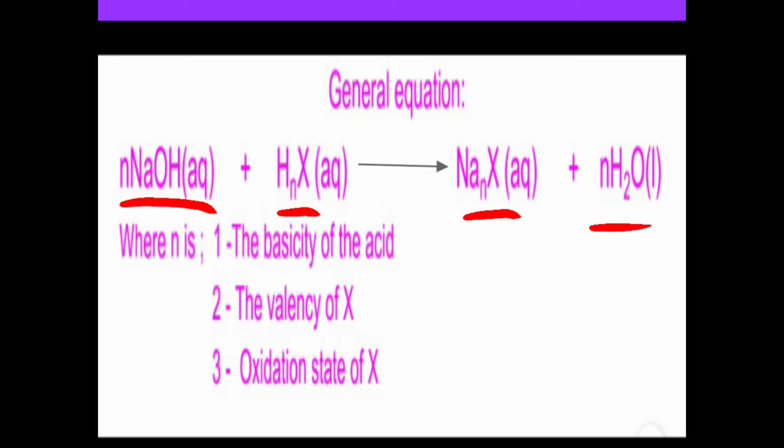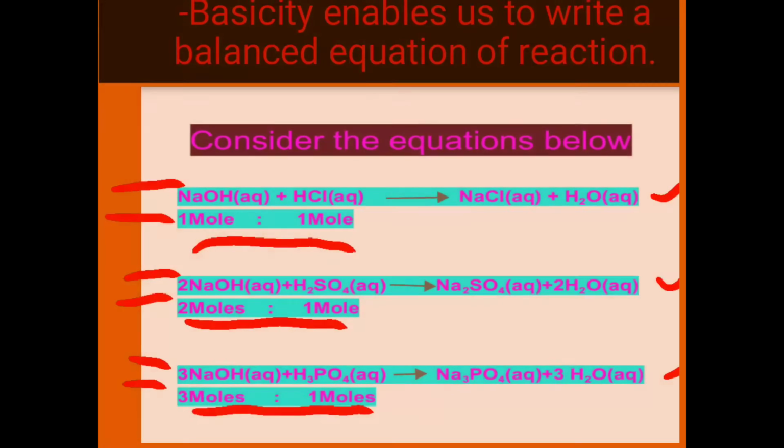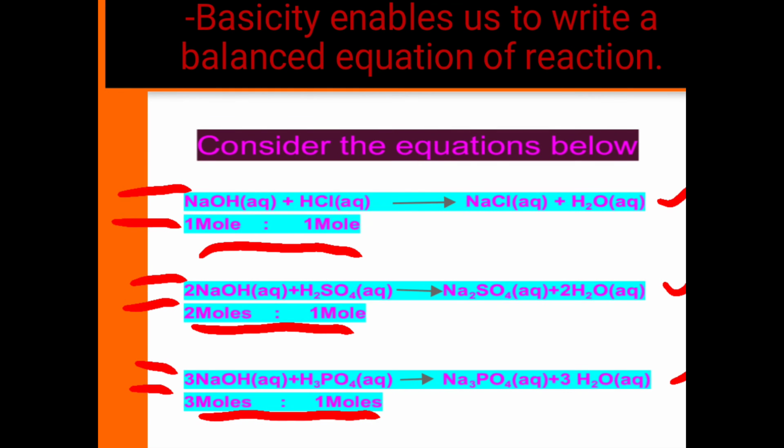We shall be able to know the oxidation state of that radical in the acid. So we have seen this general equation trying to summarize everything we have been looking at here. It is just a summary of these equations.